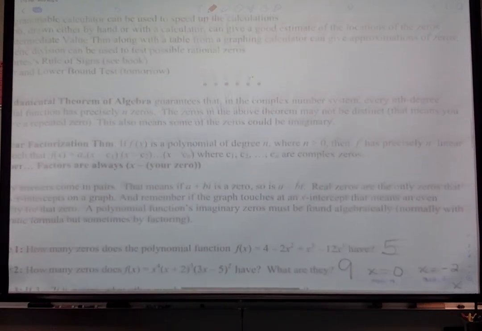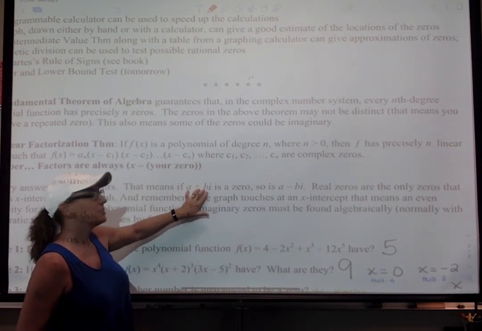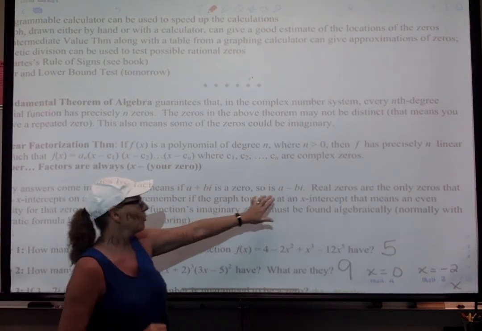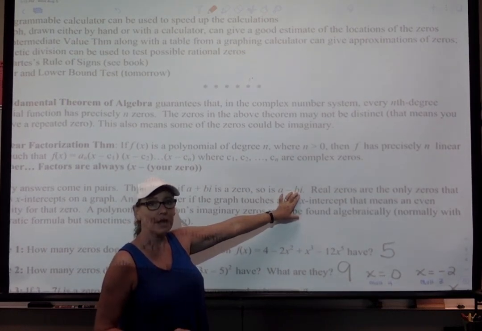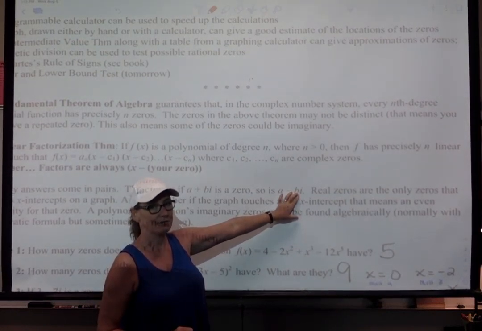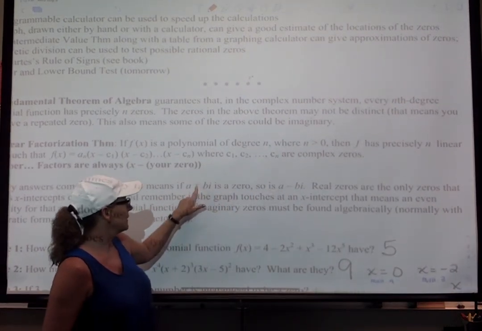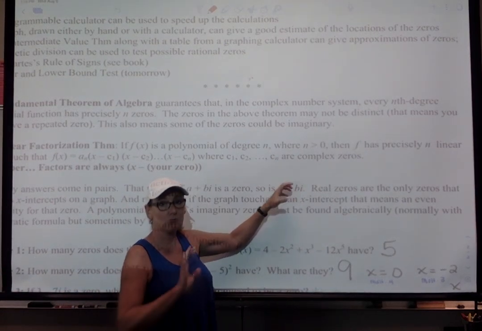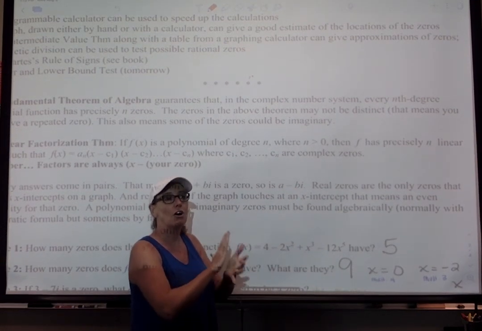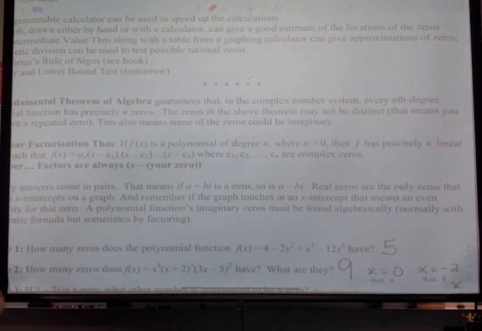Whatever one of your imaginary solutions is, the other one is called, you should know this, the complex conjugate, right? The real part didn't change, only the sign of the imaginary part changed. So those are always your partners on dual imaginary solutions.